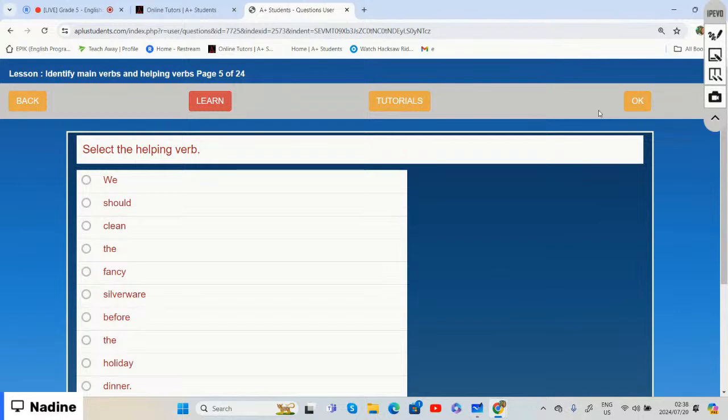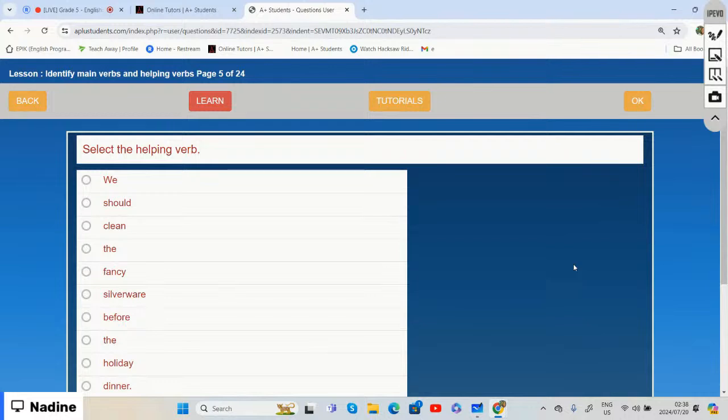So we say we should clean the fancy silverware before the holiday dinner. If you're saying the, right, then the comes before fancy, and comes before holiday.